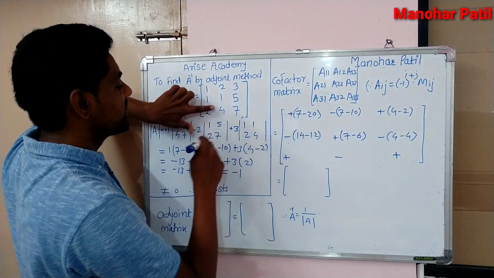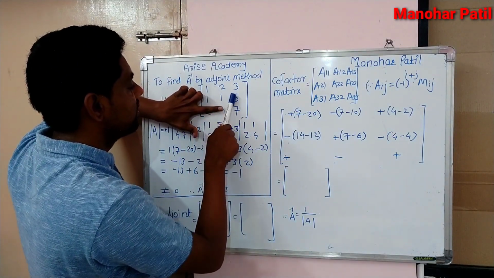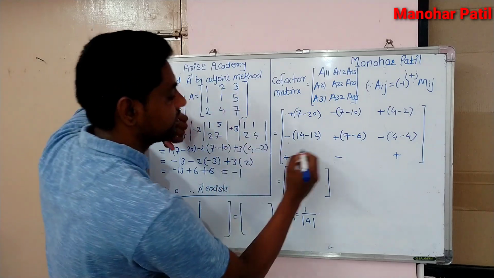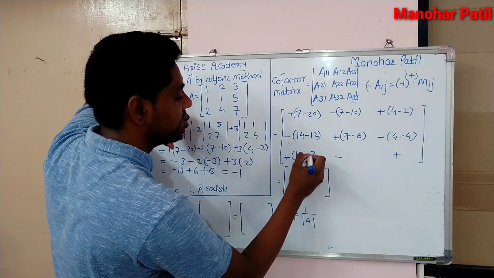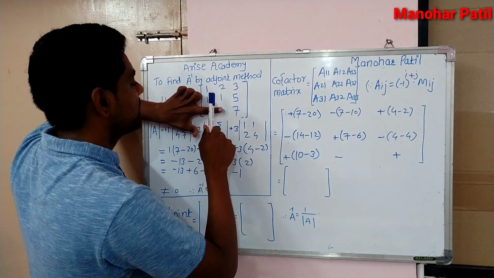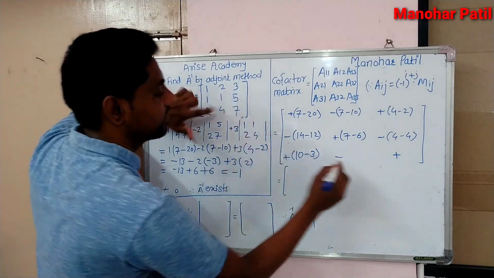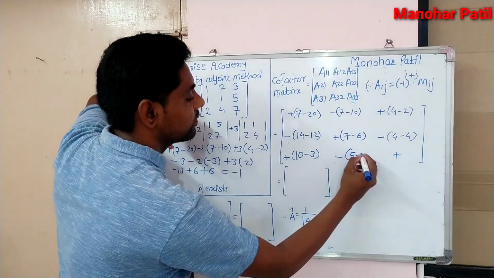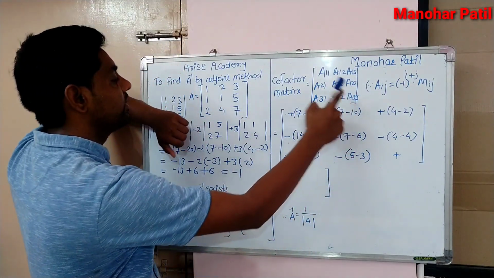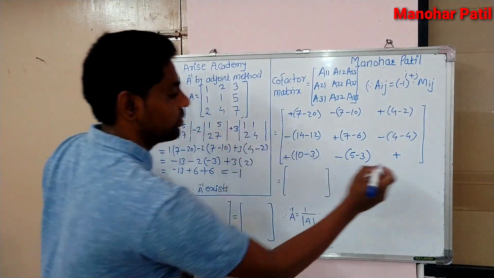For A31, present in the third row, first column, the minor is 10 minus 3. For A32, in the third row, second column, the minor is 5 minus 3. For A33, in the third row, third column, the minor is 1 minus 2.